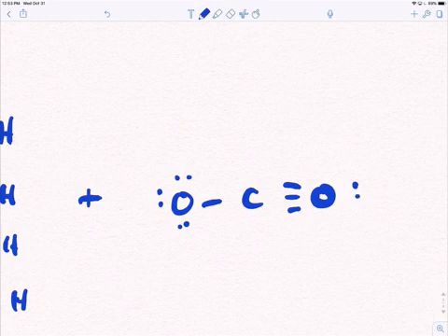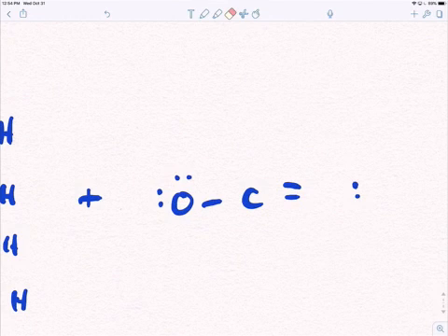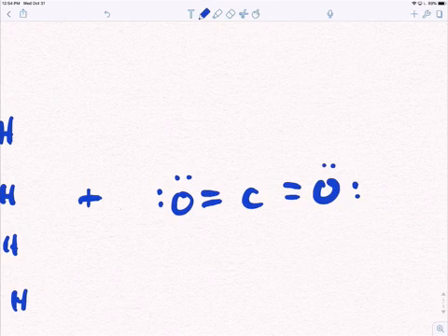So having the double bond like so is fine. And where you put the lone pairs doesn't matter, as long as they're around the oxygen. I could put the lone pairs like this, and that's fine.